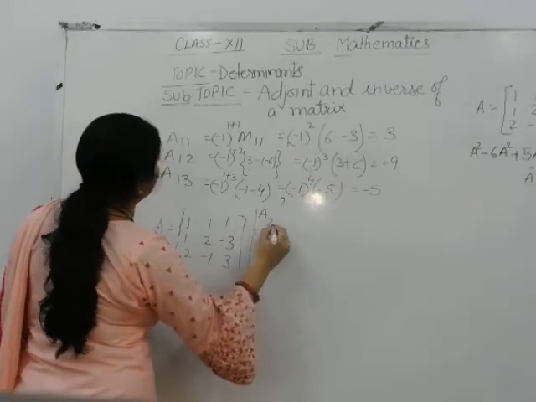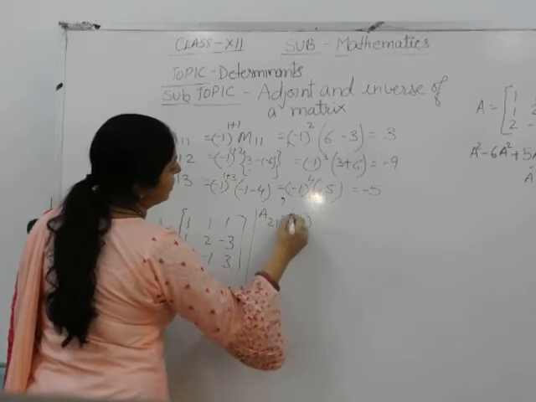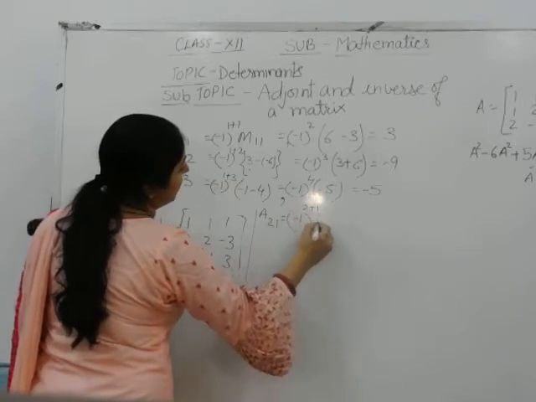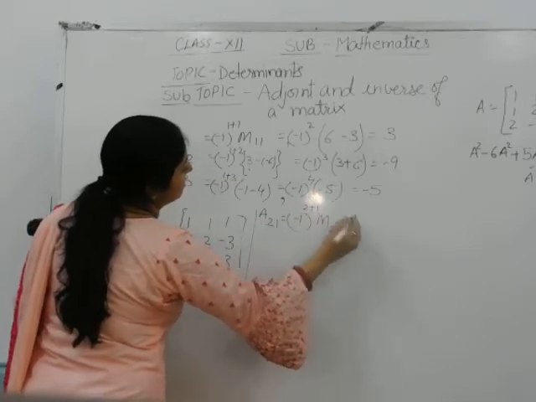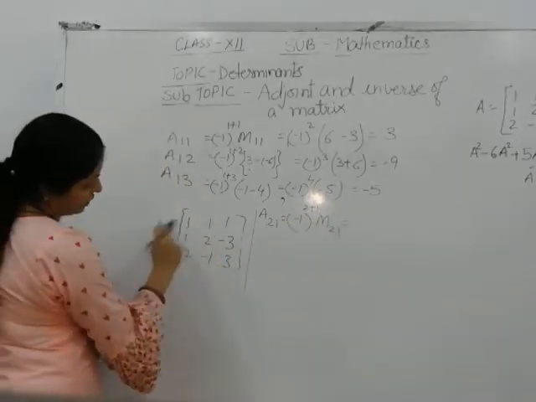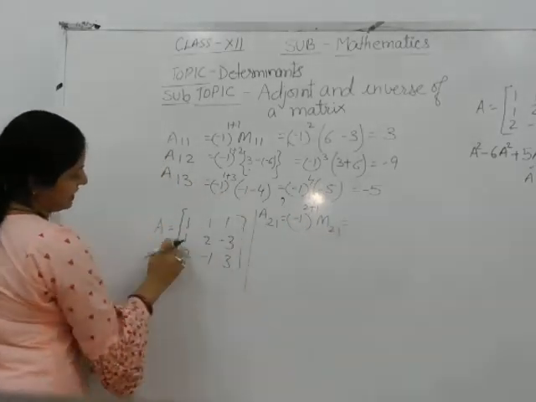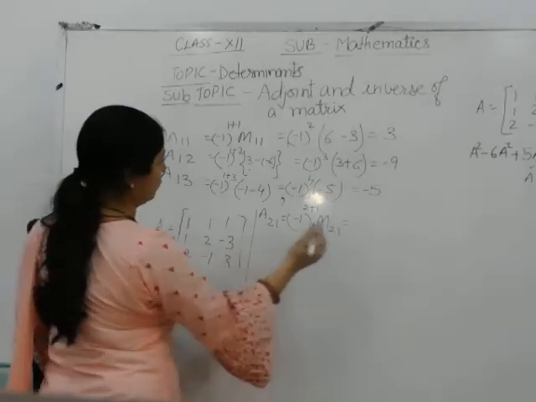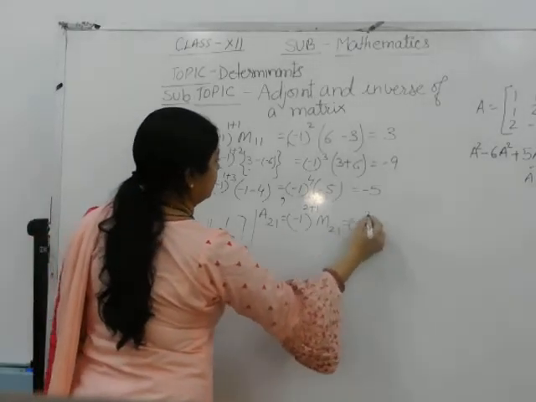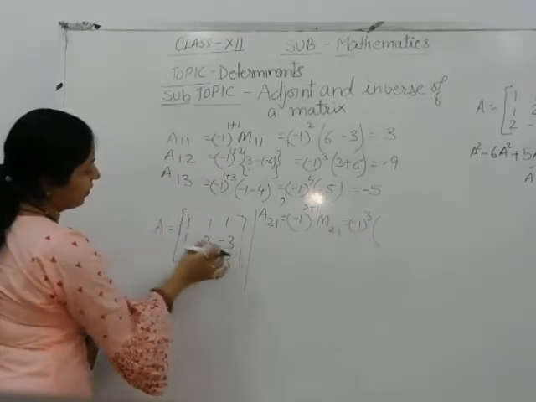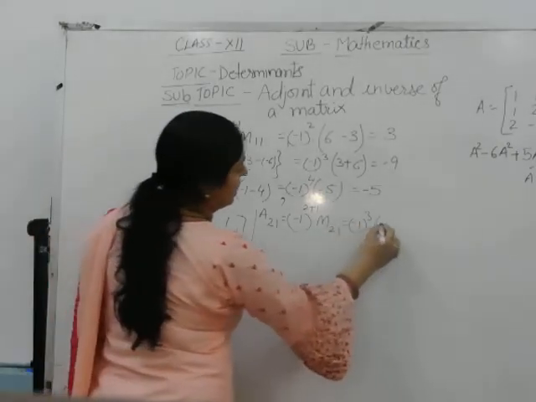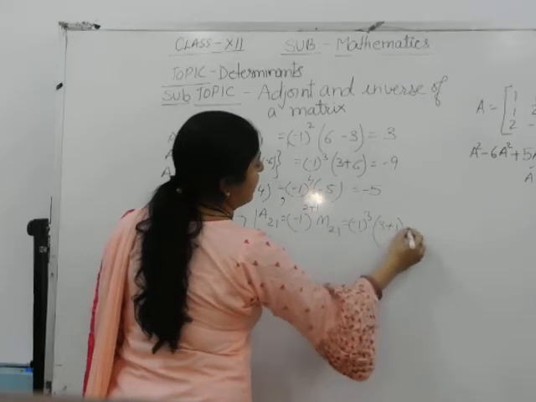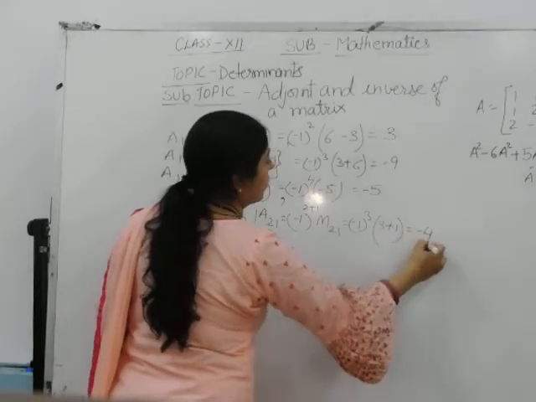Now find A21. Minus 1 to the power 2 plus 1 and M21. Second row, first column. Second row this and first column this. 1 minus 1, 1 and 3. This second row and first column, 3 plus 1, and this is minus 4.